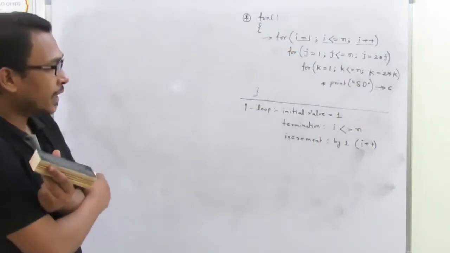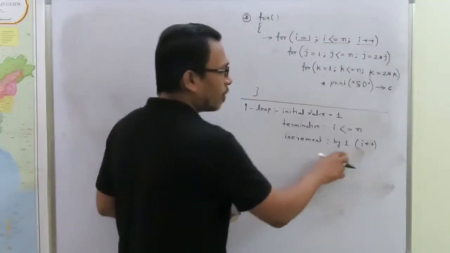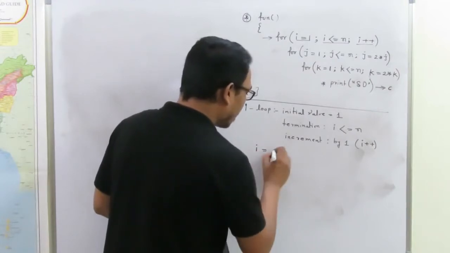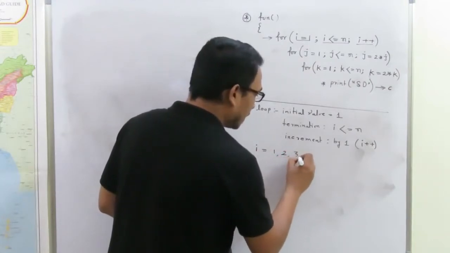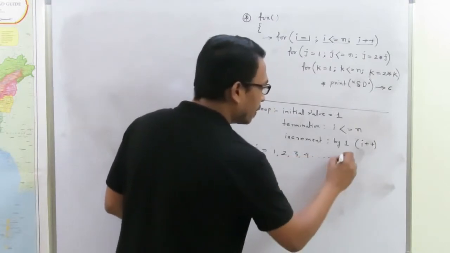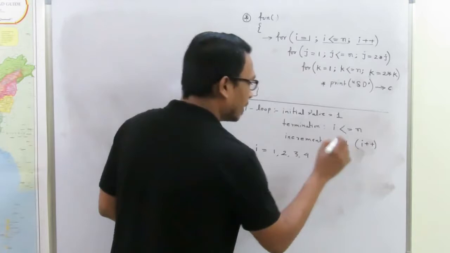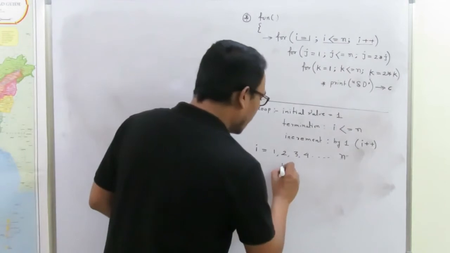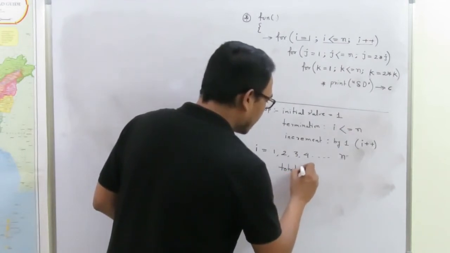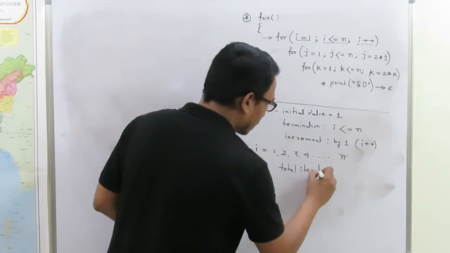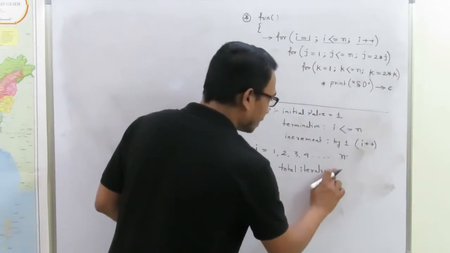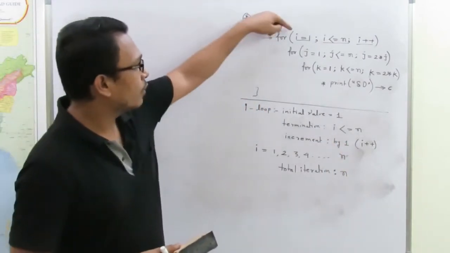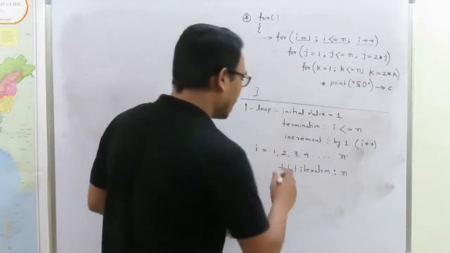So the value of i will be 1, then 2, then 3, then 4, like that, and it continues till n. So for the outermost loop, the i loop, we have a total of n iterations.